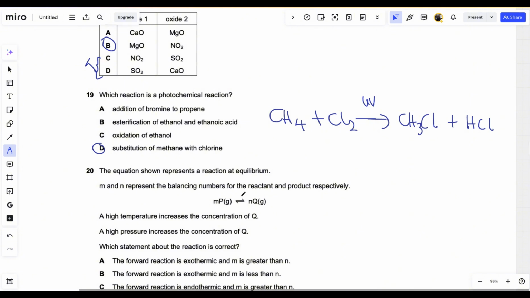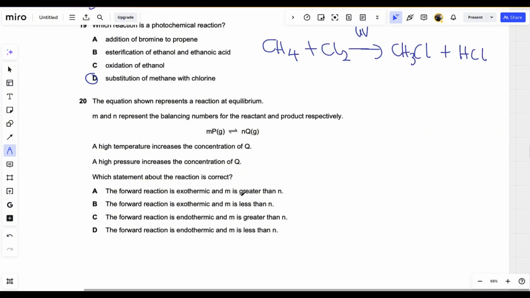Okay? Now we go to question 20. The equation shown represents a reaction at equilibrium. Equilibrium reactions means that the rate of forward and backward reaction are constant.